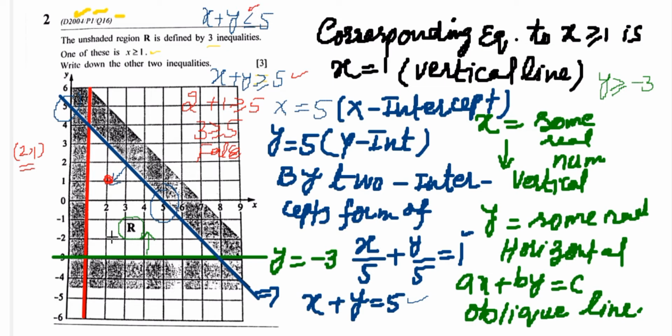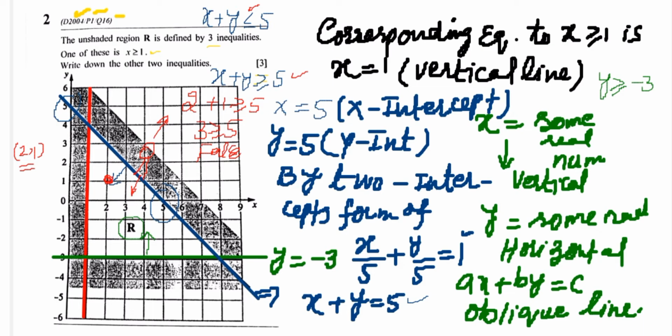Next, the other trick that you can use: suppose there is a person standing on this line here. I ask whether the unshaded region R is below the person or above the person. It is on the below side of this person.